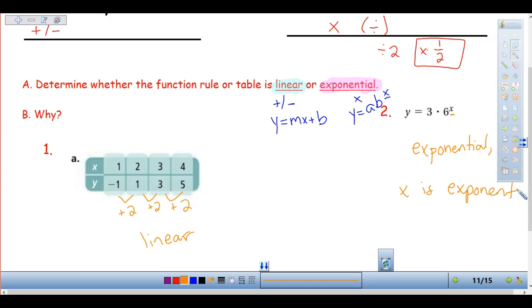So your x is your exponent there, that's going to make it exponential, or you could tell me that it's in this form as your reasoning. This one is linear because we are adding 2 each time.